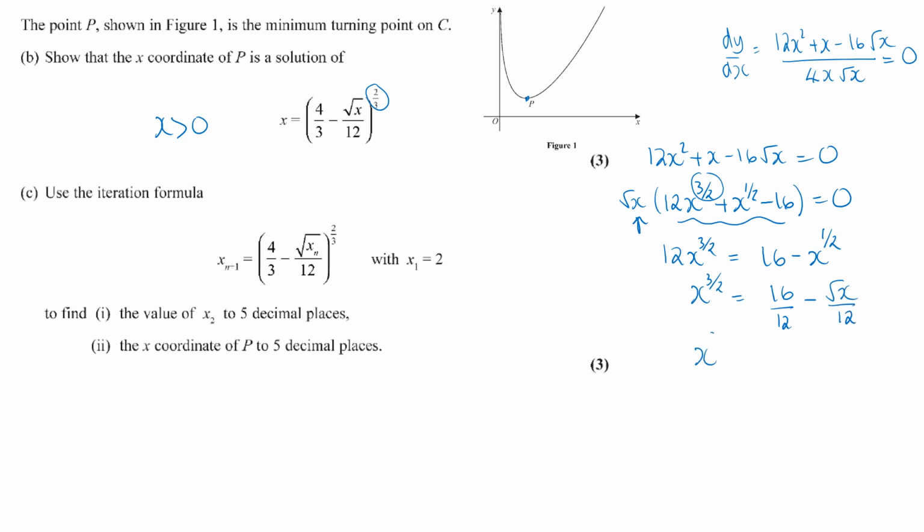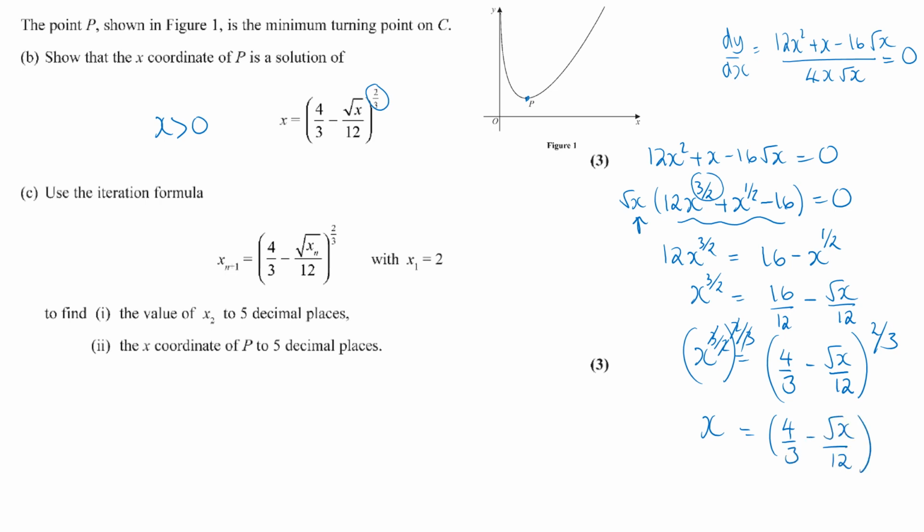So x to the 3 over 2 is equal to 16 over 12, which is 4/3, minus root x over 12. Now to undo this 3 over 2 as a power, if I just raise each side to the 2/3, then it has the effect of cancelling to just give me that x is equal to 4/3 minus root x over 12, all to the 2/3.